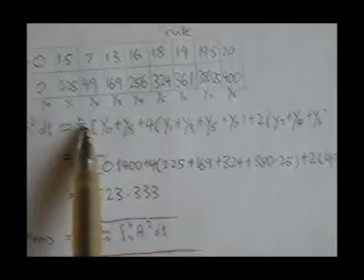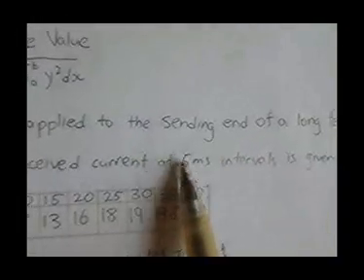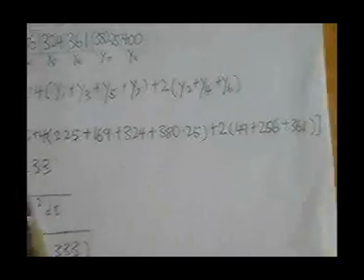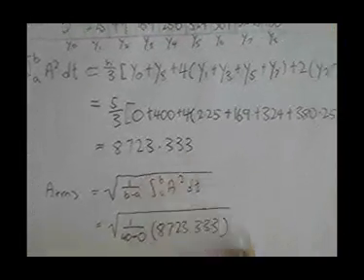How do we get the value H? We get it from here. Current at 5 milliseconds intervals. And therefore, we will be getting the value 8723.333.